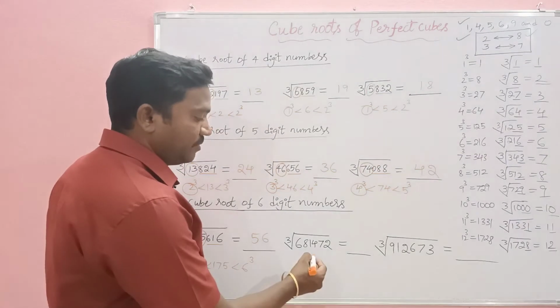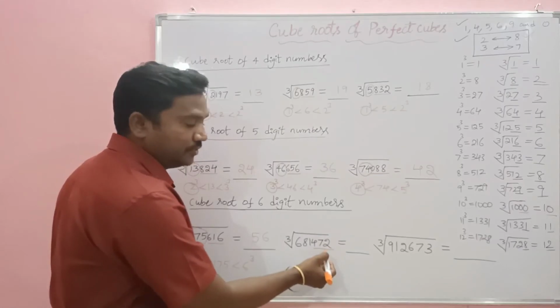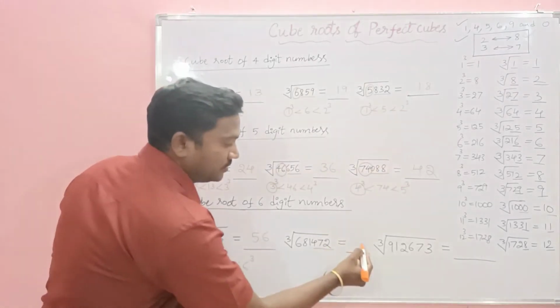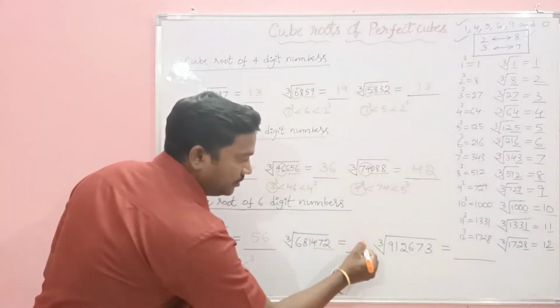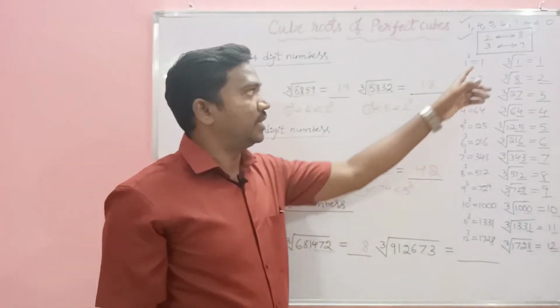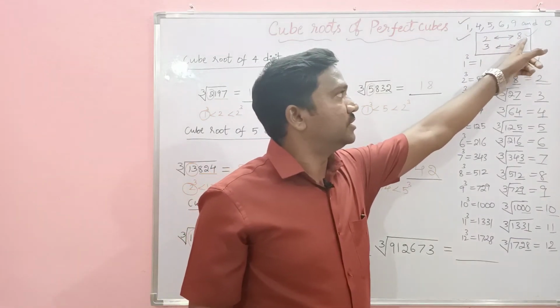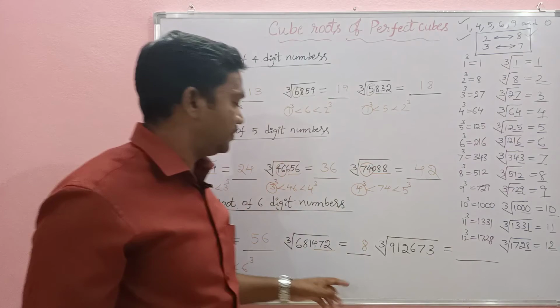Now see one more example. Here the number ends with the digit 2. So in the result the units digit is 8, because we have already seen that if a number ends with the digit 2, in its result the units digit is 8.